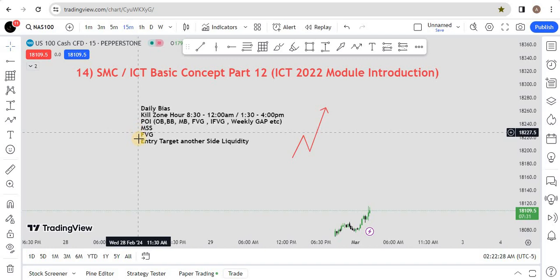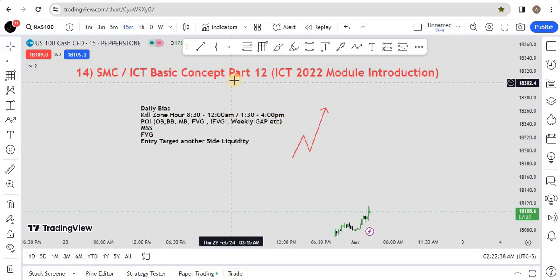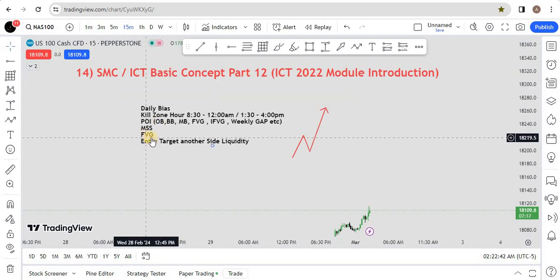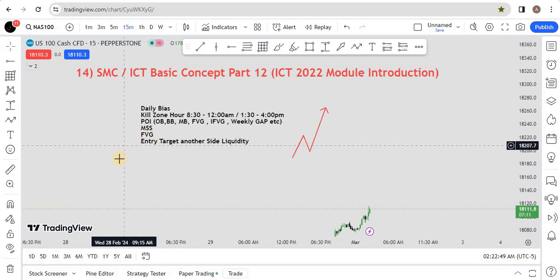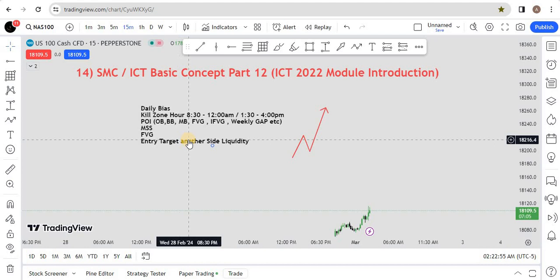On that market structure shift, if we find a fair value gap, only a fair value gap, we will not look at any of these other things, because the ICT 2022 model is only based on a fair value gap. Once the fair value gap occurs, you take the trade on that fair value gap, put your stop loss below the origin of the fair value gap, and target the liquidity on the other side.